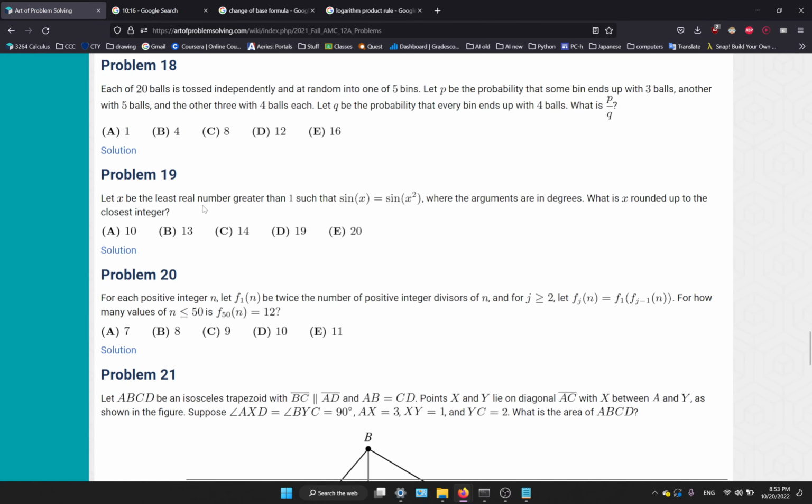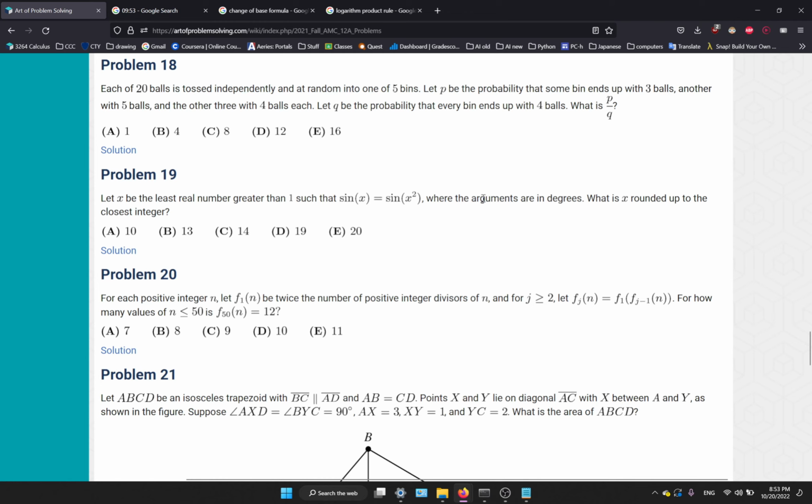Let x be the real number greater than 1 such that sine x equals sine x squared. What is x rounded up to the closest integer? Sine x equals sine x squared, where the arguments are in degrees.